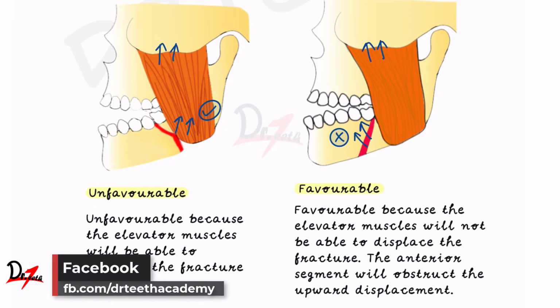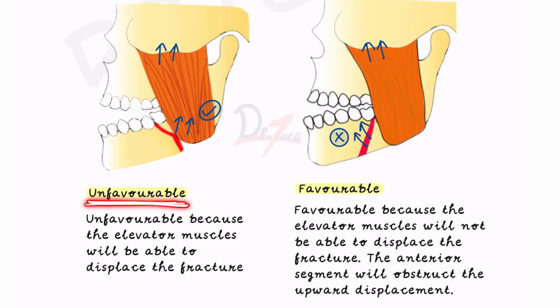So that is unfavorable. Why do we call it unfavorable? Because it is unfavorable for the surgeons, for the dentist, because there is displacement, right? There is more damage. So it is unfavorable because the elevator muscles will be able to displace the fracture.